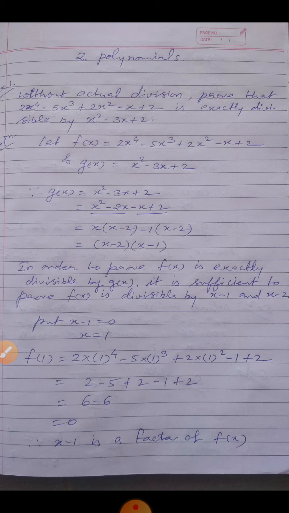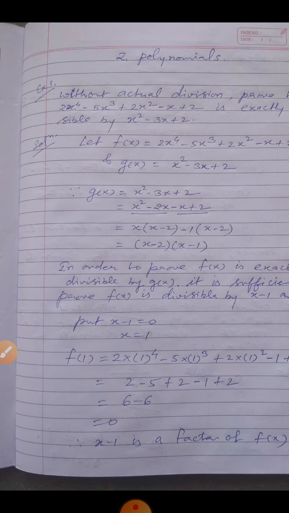Simplifying it, the value of f(1) is 0. Therefore x minus 1 is a factor of f(x), so f(x) is divisible by x minus 1. This is completed.